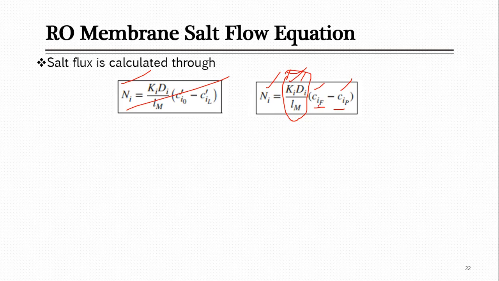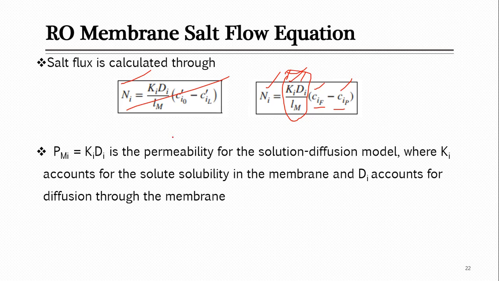The other terms are the concentrations of that component on the feed side as well as on the permeate side. The term in the numerator is the permeability, and permeability over thickness is actually permeance.